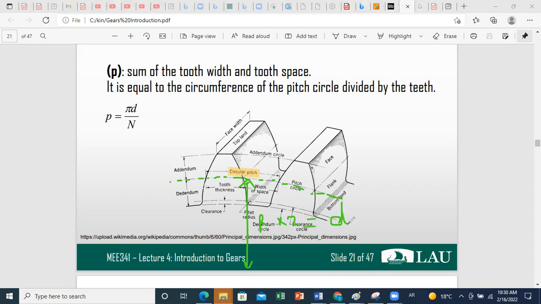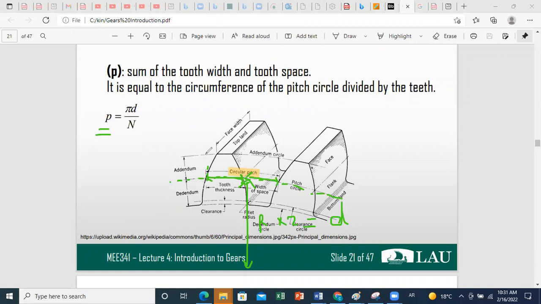Now the circular pitch, symbolized by P, represents a distance. If you go over the circumference of your pitch circle, you have a repetitive pattern: a tooth thickness followed by a space, repeated over your circle.